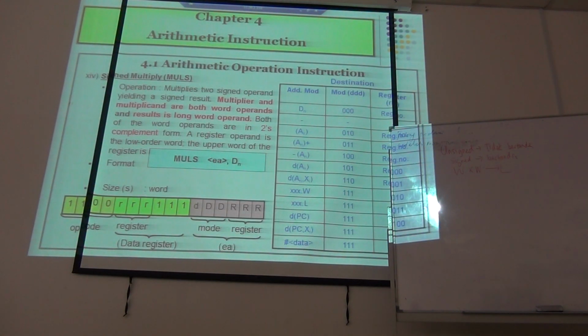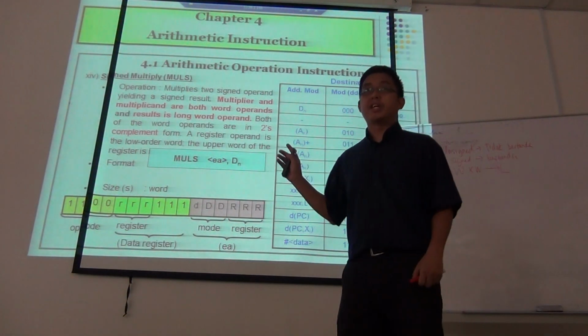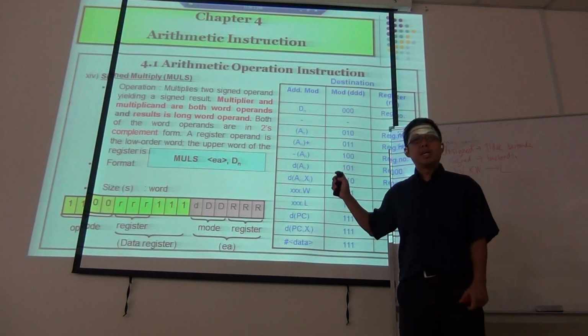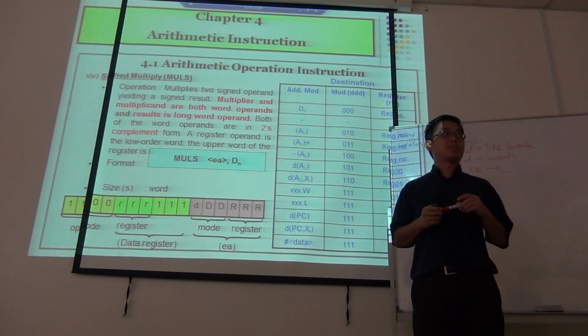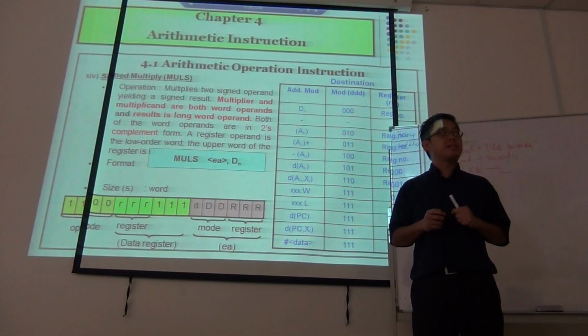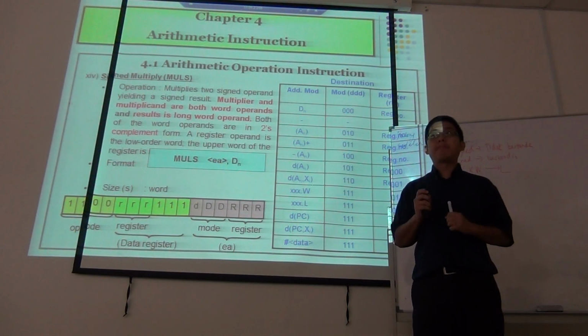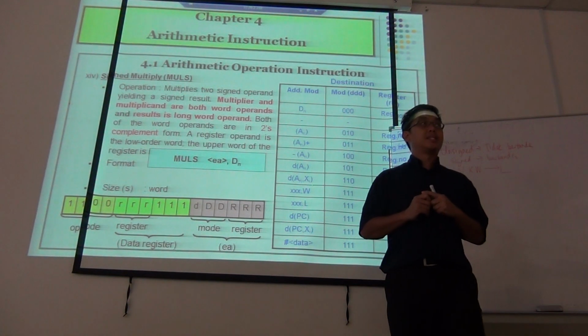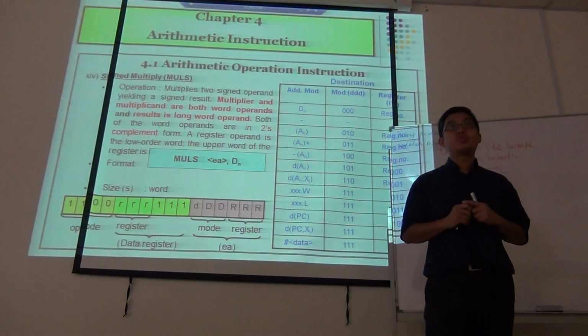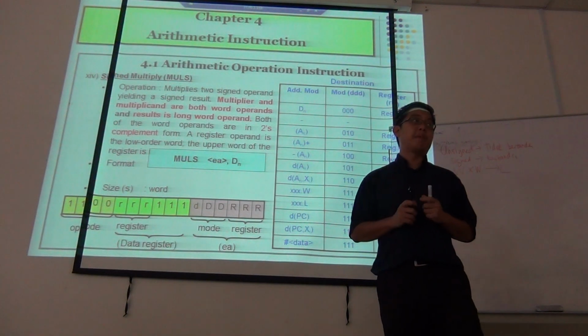This is one of the confusing parts. So let's look over here. Listen carefully. Now you are going to use sign multiply. Sign multiply means you are going to multiply a negative number.